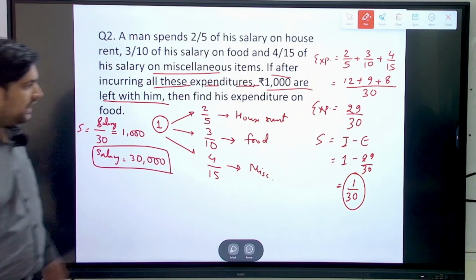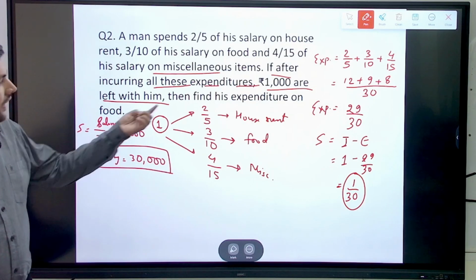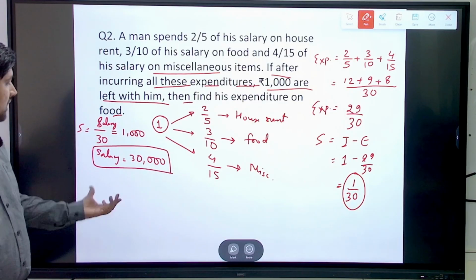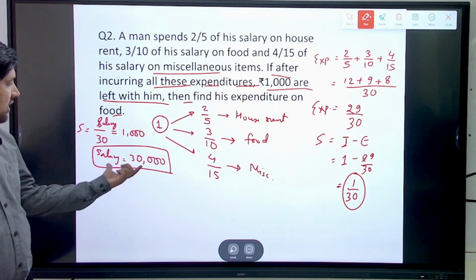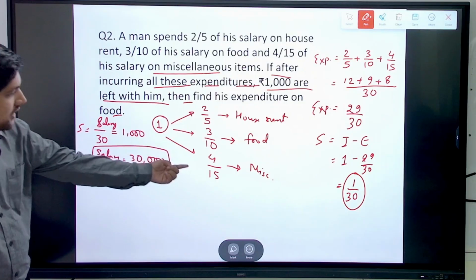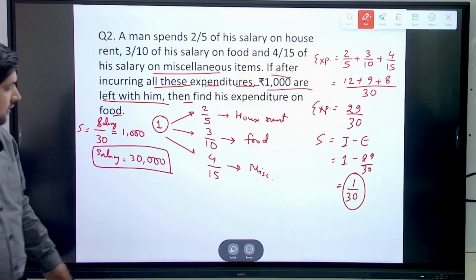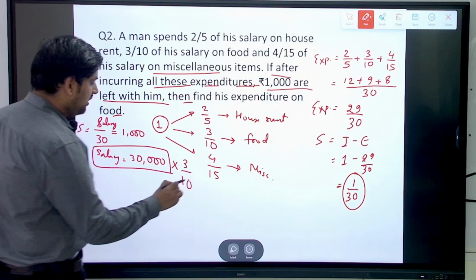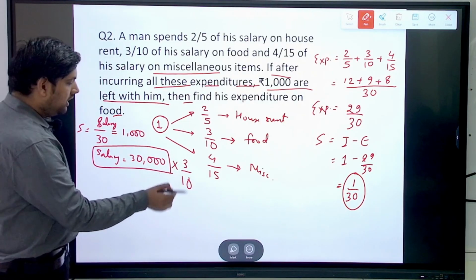Now if his salary is 30,000 rupees, find his expenditure on food. On food, how much is he spending? That you need to find. He is spending 3 by 10 on food. That means 30,000 multiplied by 3 by 10. 0 and 0 cancel out.